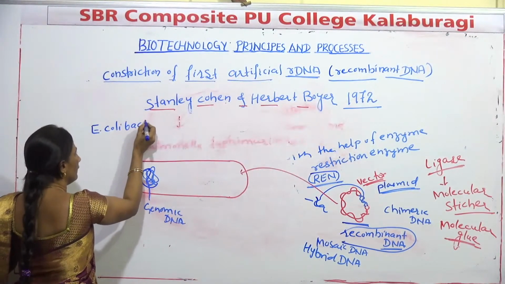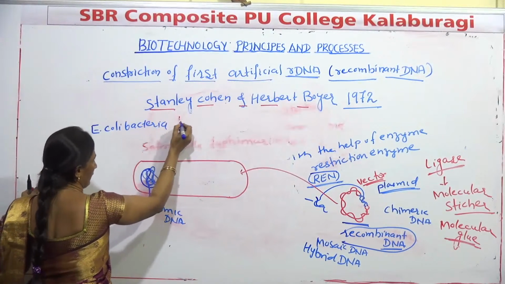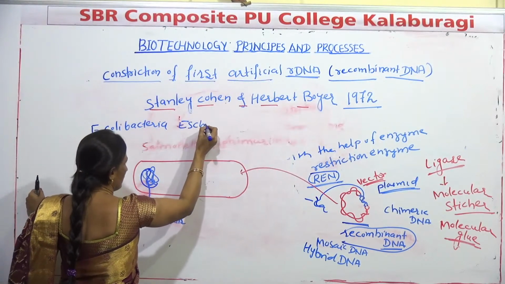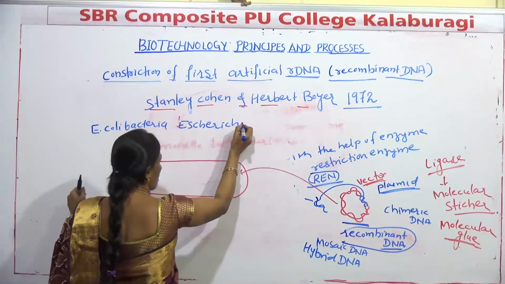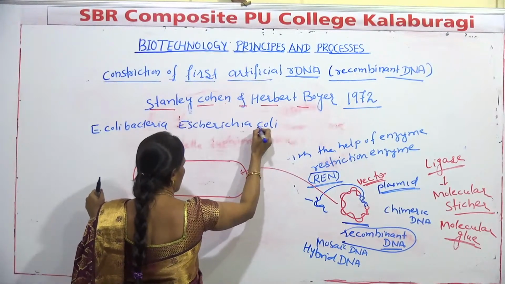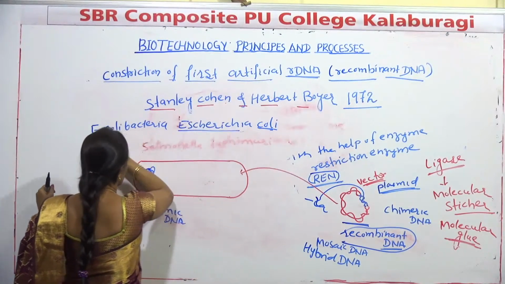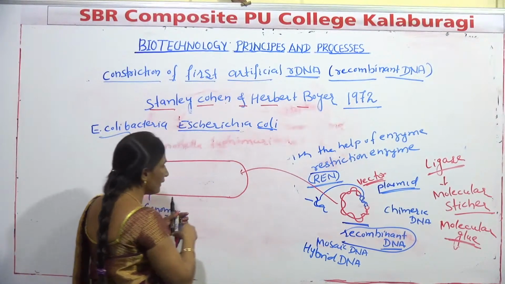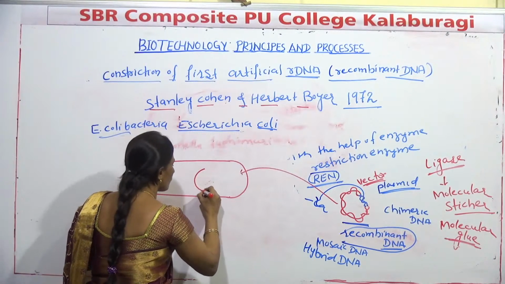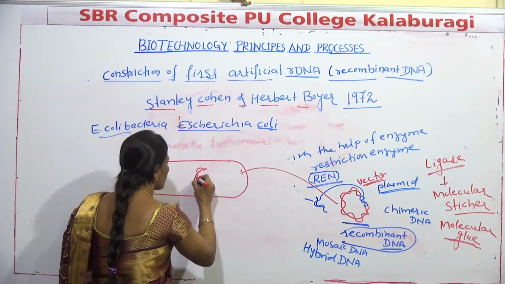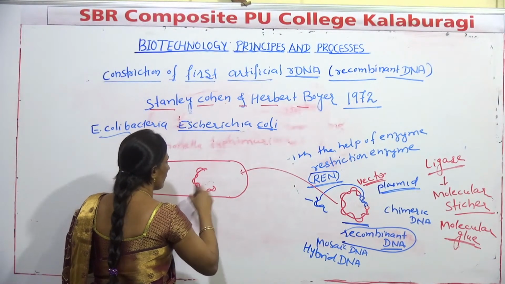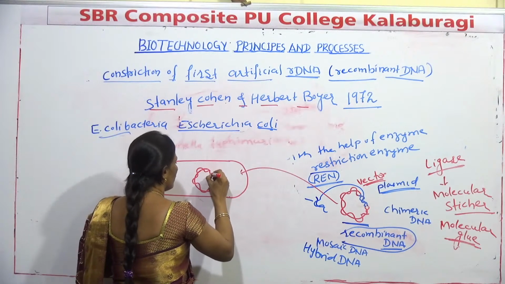E. coli bacteria is called as what? Escherichia coli. So this recombinant DNA is introduced into the E. coli bacteria.